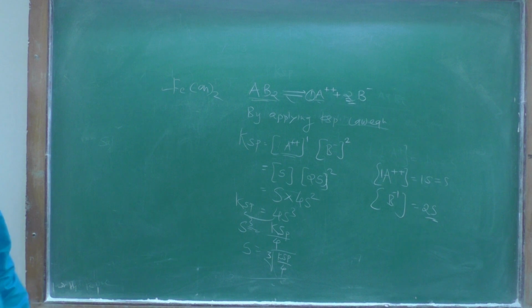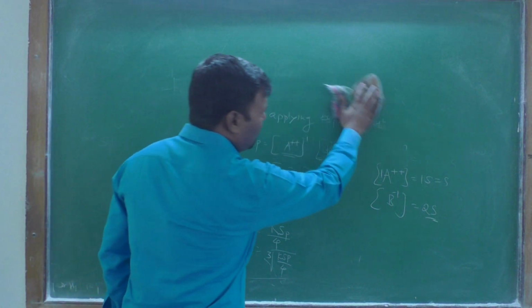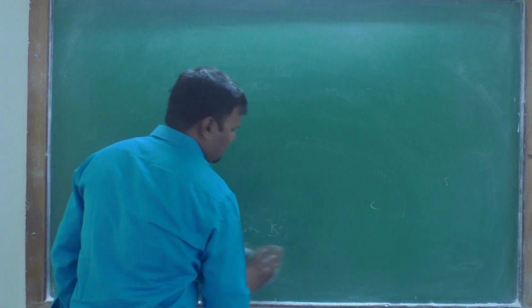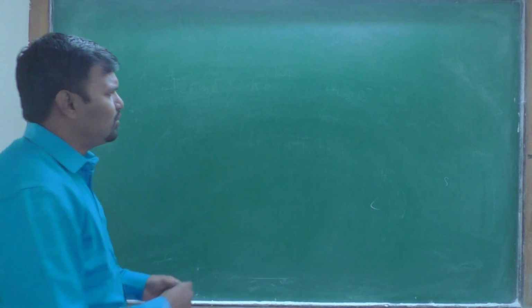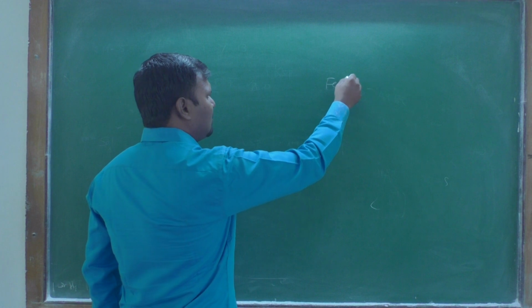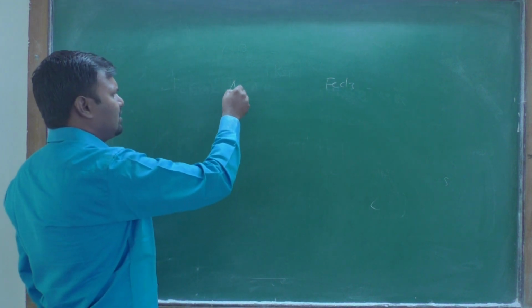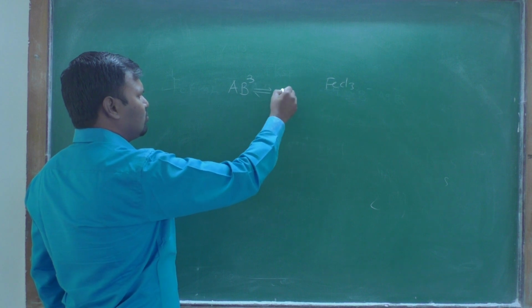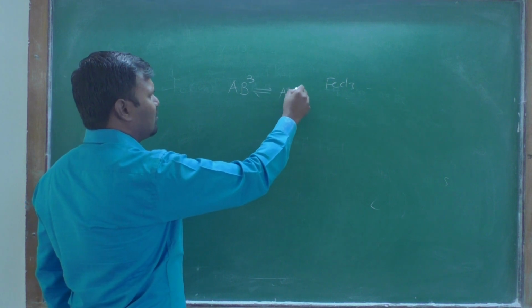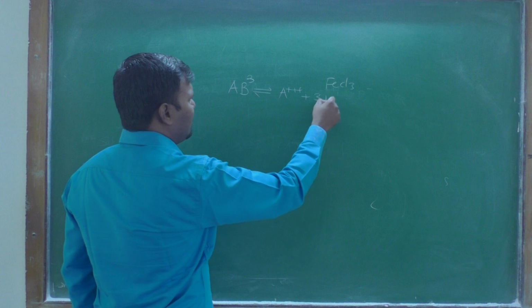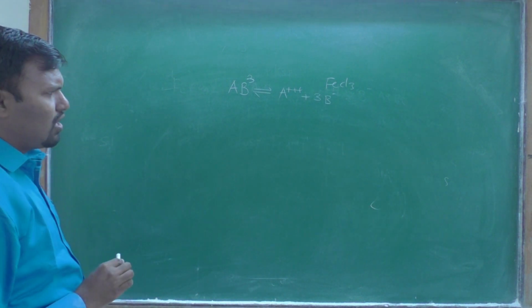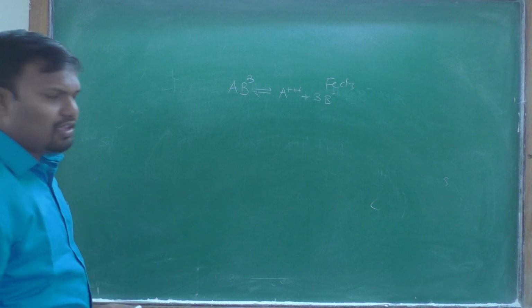Now we have another type of salt, AB3, like AlCl3. AB3 is our example, and it gives the ions A+++ and 3 B-.